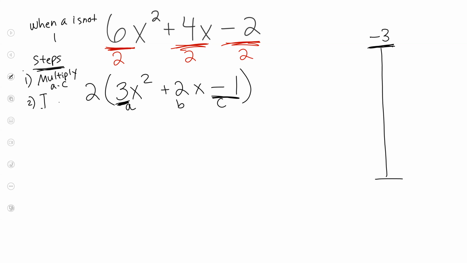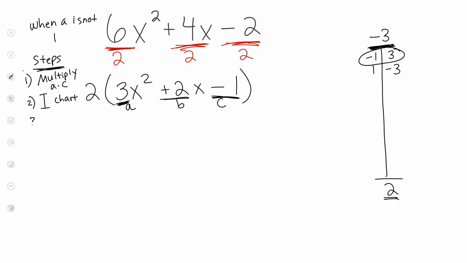So we're going to do our little eye chart and figure out our numbers. So two numbers that multiply to negative 3, but combine to 2, because this is our B value. I can do negative 1 times 3 and positive 1 and negative 3. However, only these two numbers will add to 2. So those are my numbers.